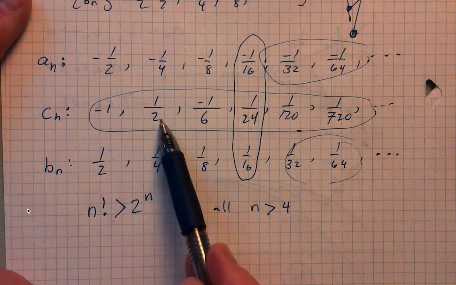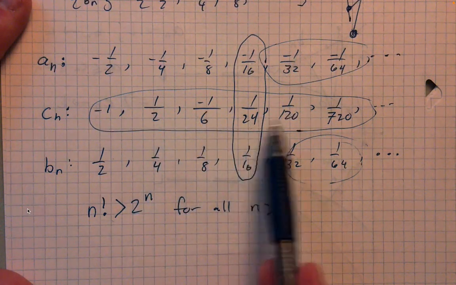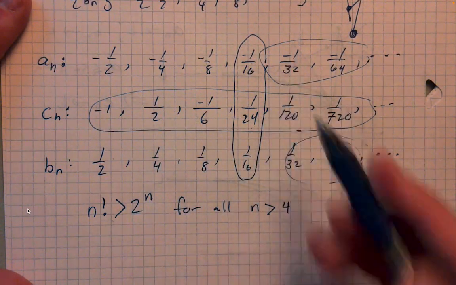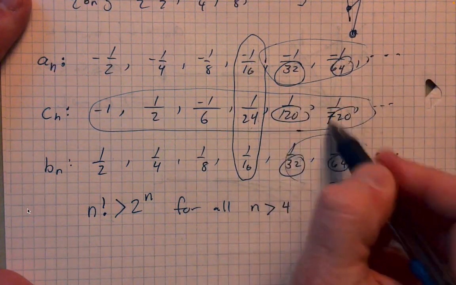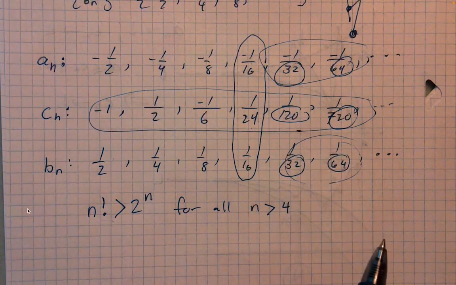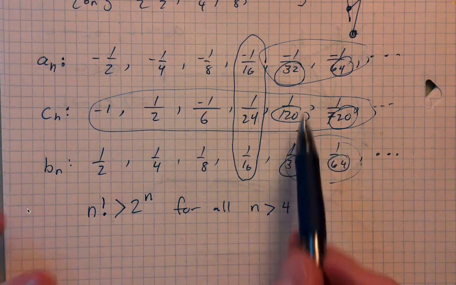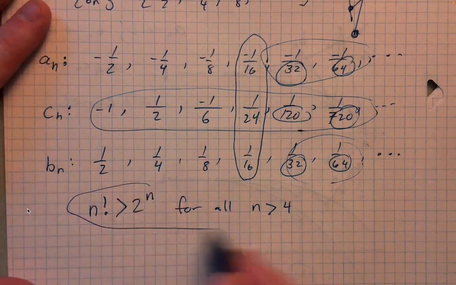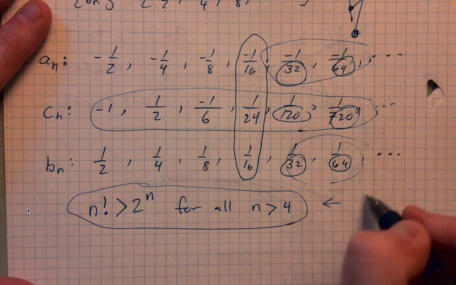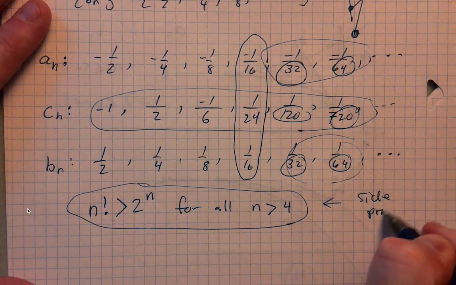It goes from 1, 2, 6, 24, and then after that, these are the 2 to the n's, and here's n factorial. So much, much larger, which means that 1 over that number is much, much closer to 0.